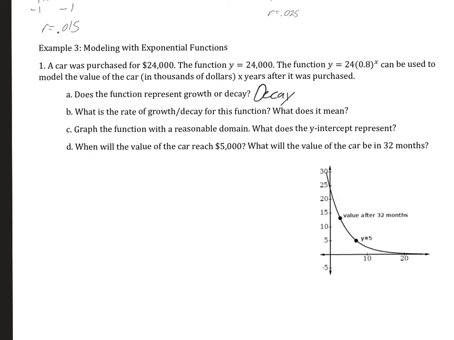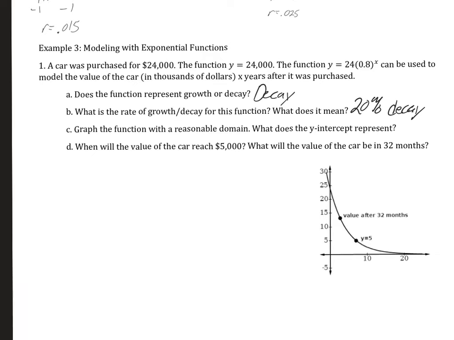What is the rate of growth or decay for this function? What does it mean? Okay, so my rate of growth or decay. Well, I can do the same thing as before. So 1 minus r equals 0.8, which is the same thing as just saying, hey, this is a 20% decay. Okay, what does that mean?